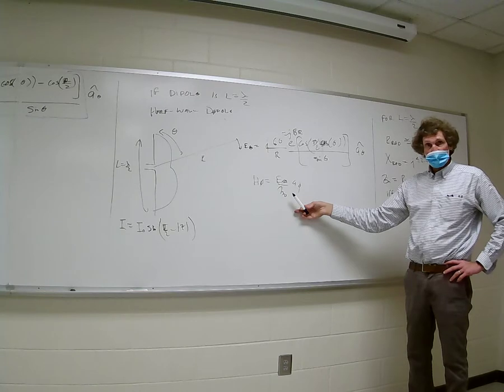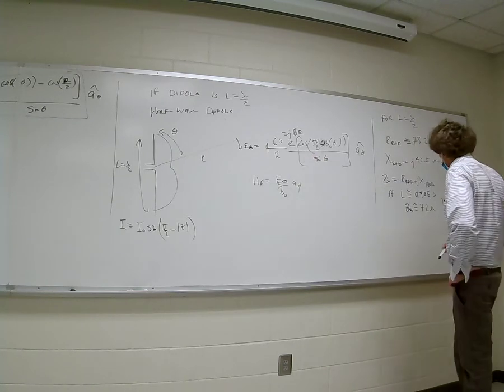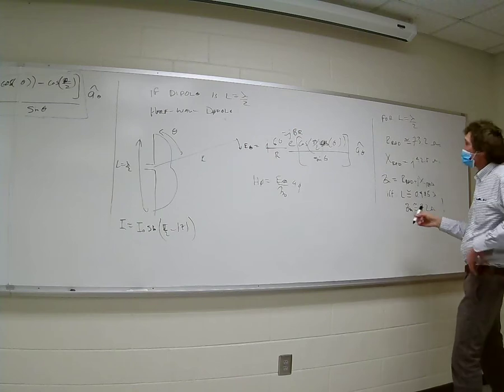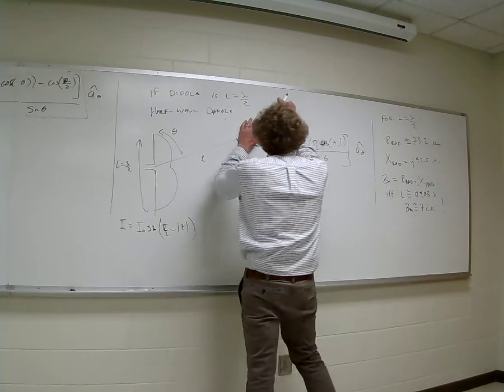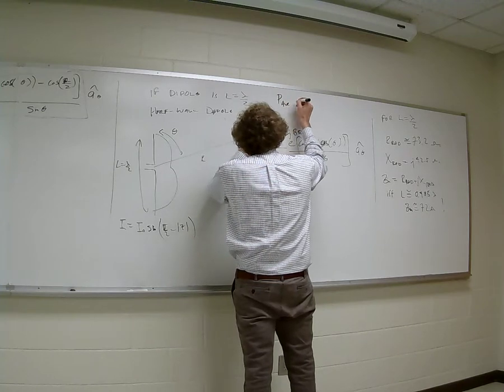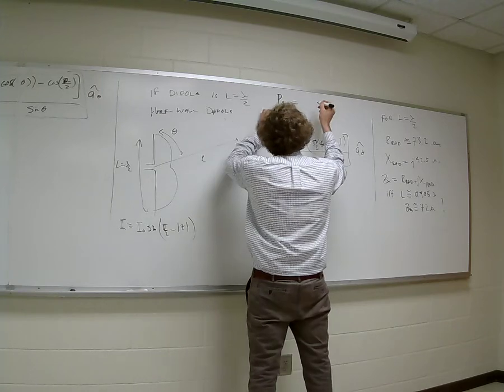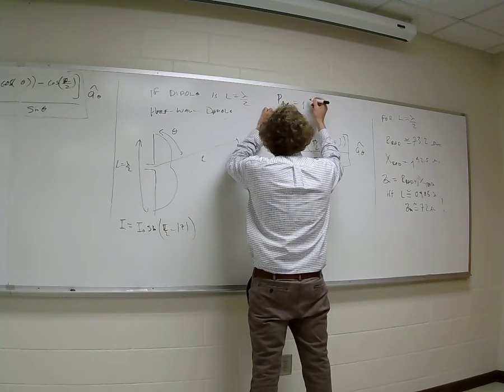The j's would go away, the exponential e to the minus j beta r would go away. I didn't put this down, but let me just put down what the radiated power density, P average, is. William, if you can find out where this is in your book, tell me, because the way he writes it is 15 pi.